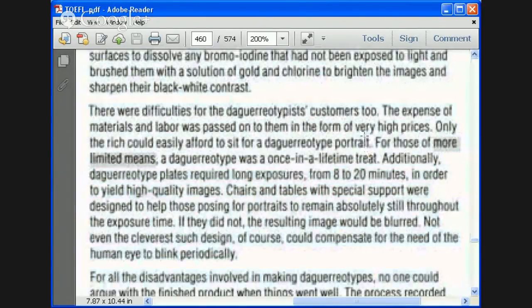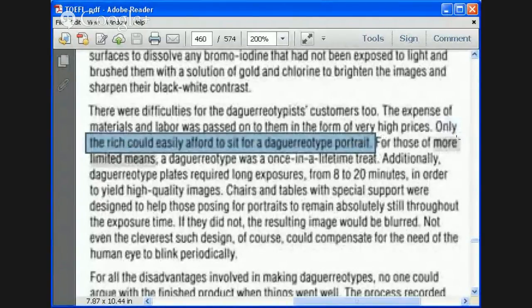at the sentence before. Only the rich could easily afford to sit for a daguerreotype portrait. For those of more limited means, a daguerreotype was a once-in-a-lifetime treat. There you go.